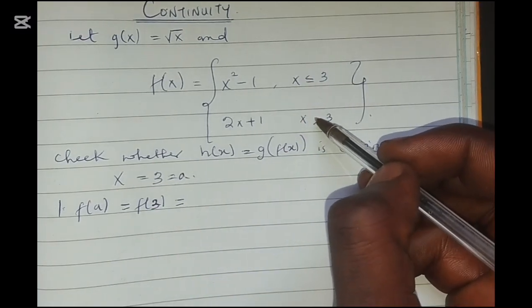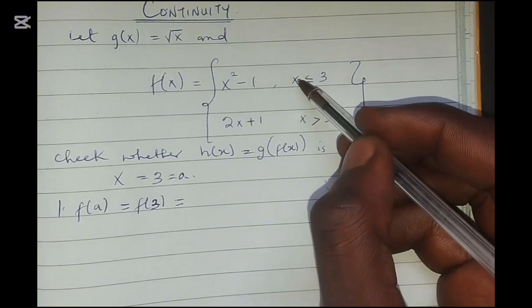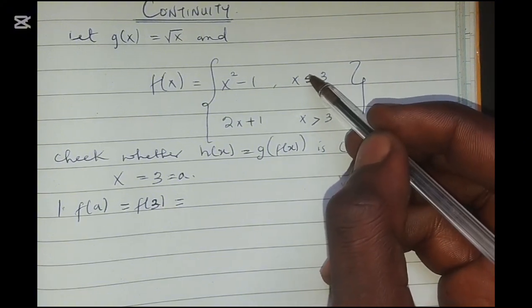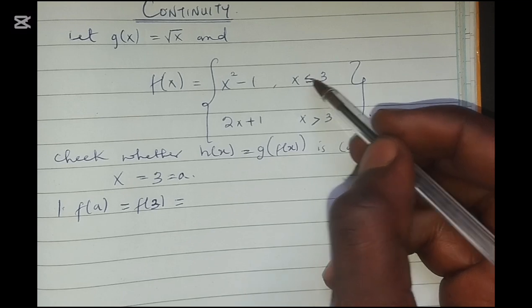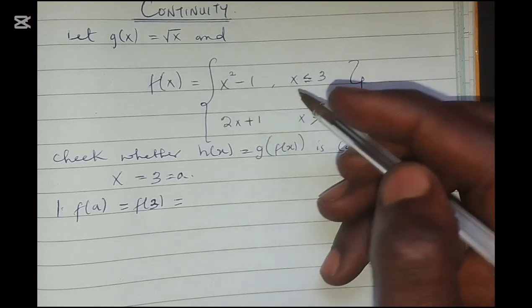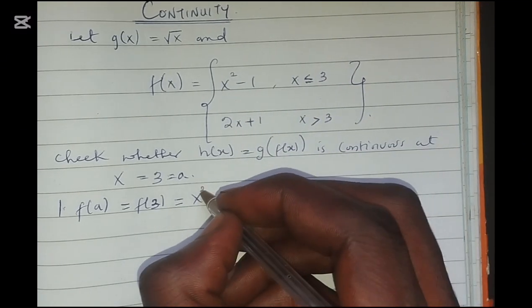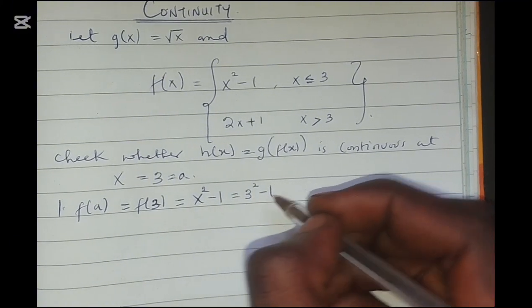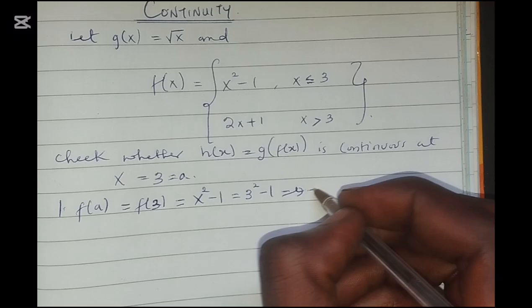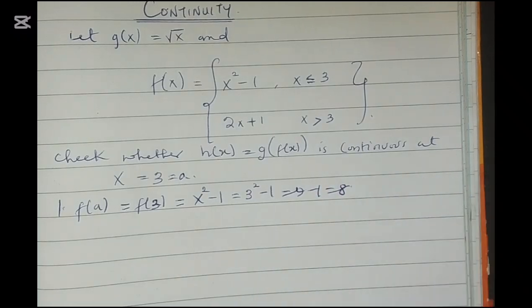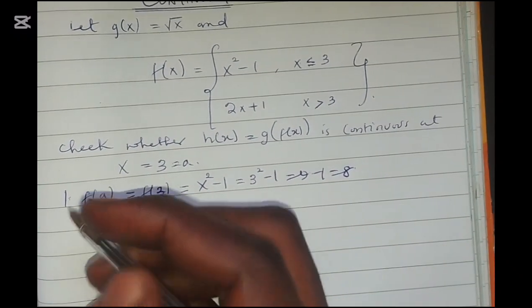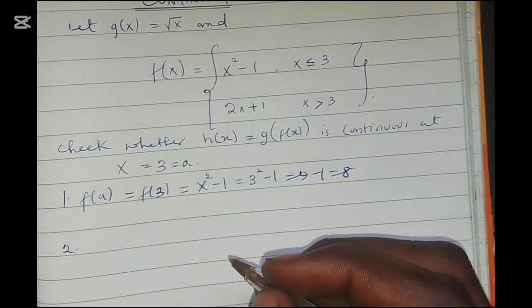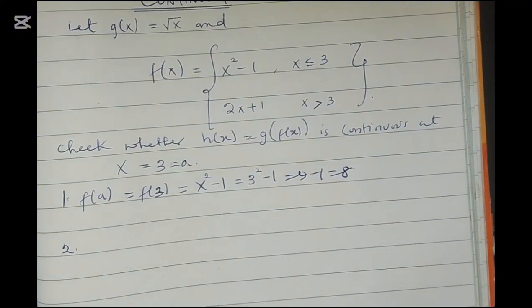Here we have x above 3. Here we have x less than or equal to 3. So because we have equal to 3 here, we use this equation. So we use x squared minus 1 equals 3 squared minus 1 equals 9 minus 1, which is equal to 8.